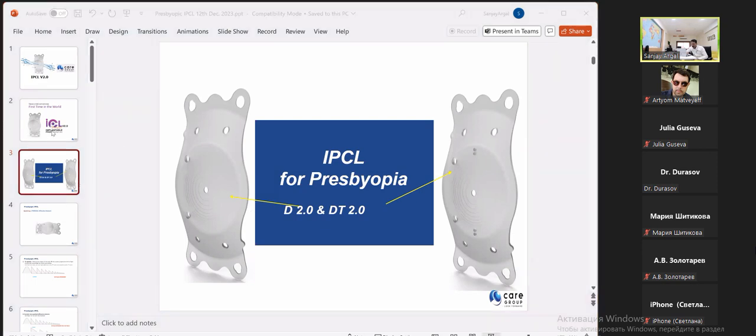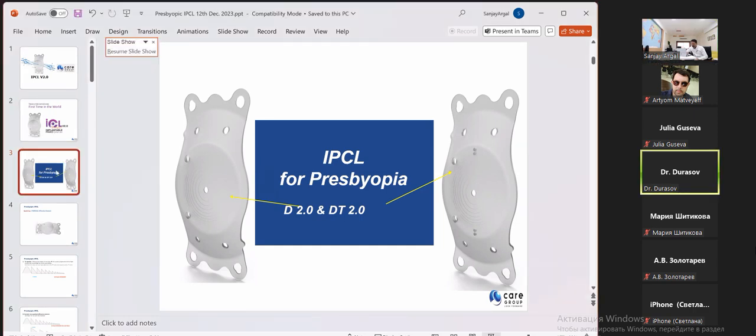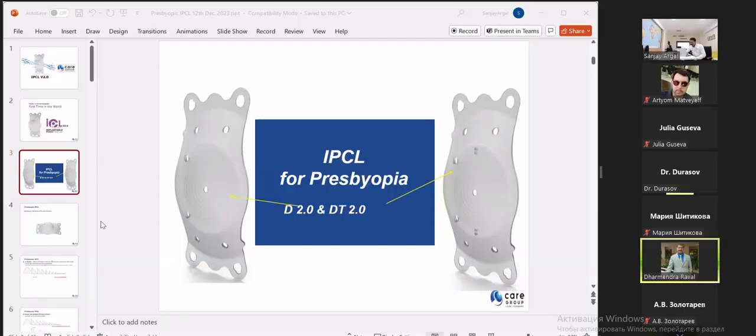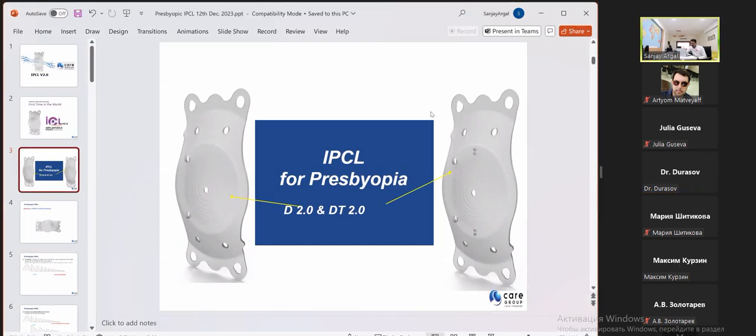My screen is moving or not? Yes, we see it, but not in full screen. It's visible. Now switch to presentation mode. So we see only the main slide. Okay.